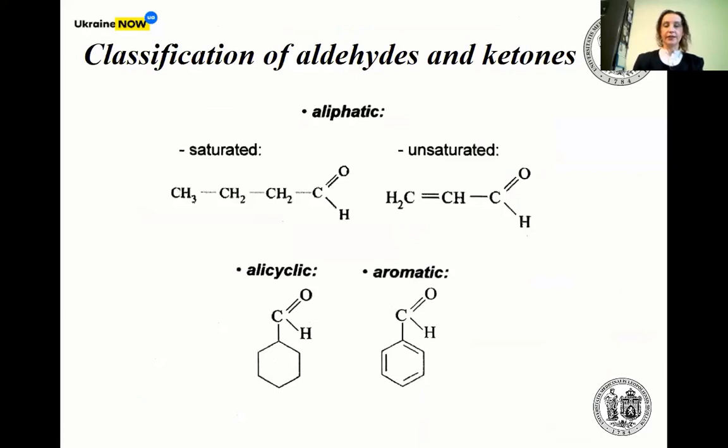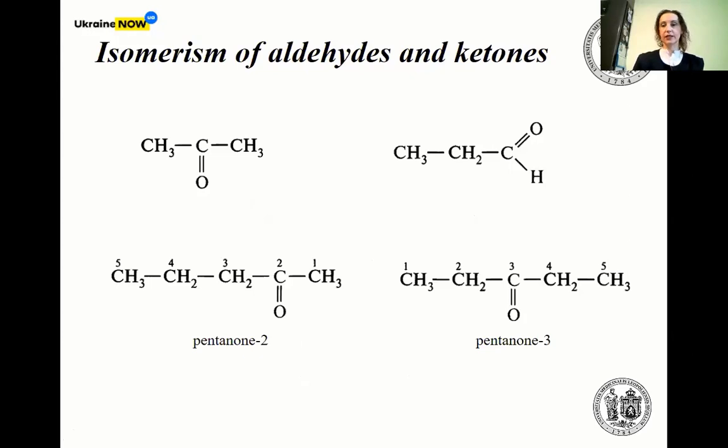How can we classify these compounds? First of all, we can divide them into aliphatic, alicyclic, and aromatic. We can also divide aliphatic into saturated and unsaturated. And depending on the group, we can have aldehydes and ketones. We can see it on the next slides.